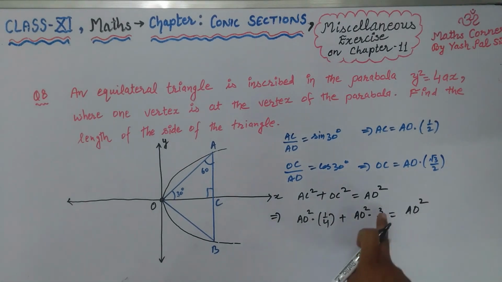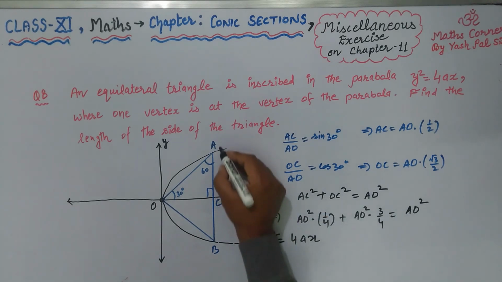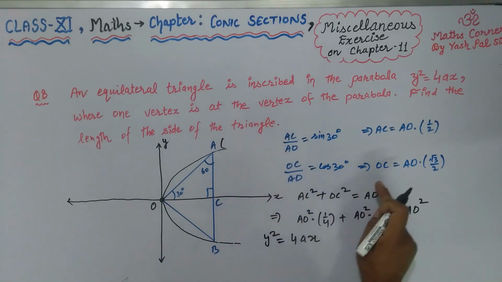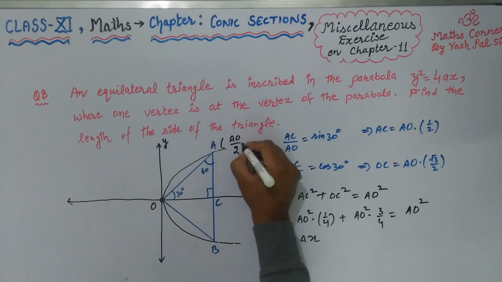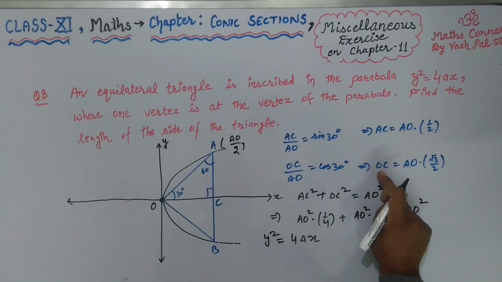This is satisfied: 3 plus 1, 4 upon 4, equal to 1. Now we substitute this value in the equation of the parabola, that is y square is equal to 4ax. Point A, this point, is AC, that is AO upon 2, comma y is OC.